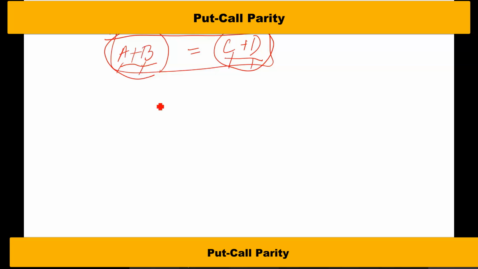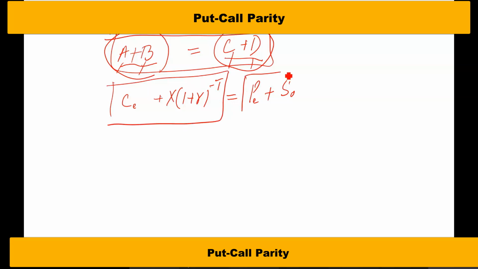The put call parity says that buying a European call option and investing in the risk-free bond for time T should give you the same payoff as if you buy a European put option and buy the underlying share. So buying this side and buying this side have the same payoff.